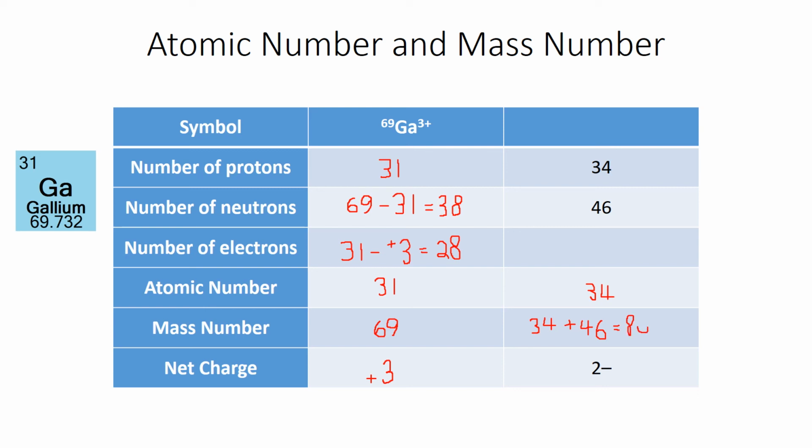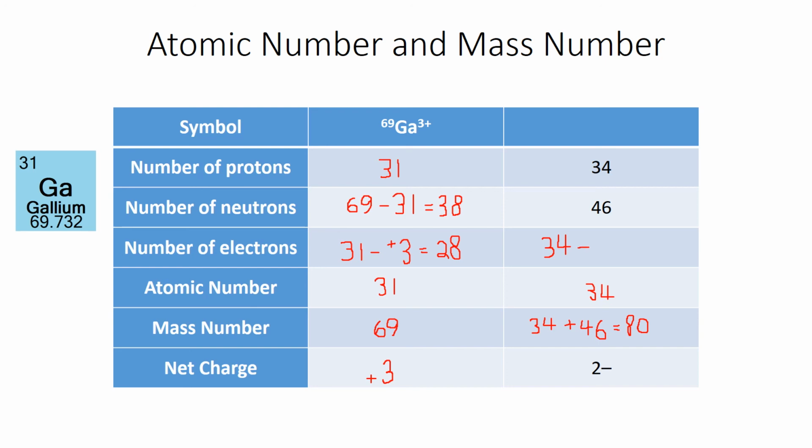And then I got to find my number of electrons. So here I have a -2 charge. So I have my number of protons is 34. And then I'm going to subtract my charge again to get my number of electrons.